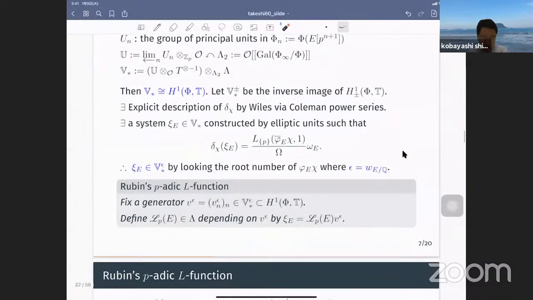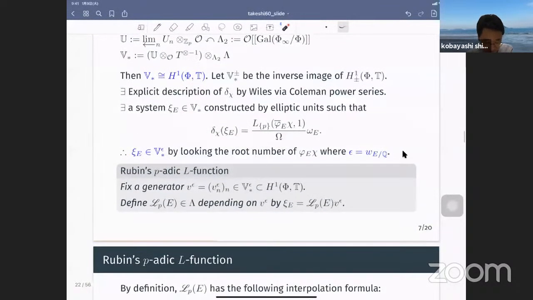Now Rubin defined the p-adic L-function. Rubin showed this is free of rank 1 over lambda. So we fix a generator, and the elliptic unit lives in here.